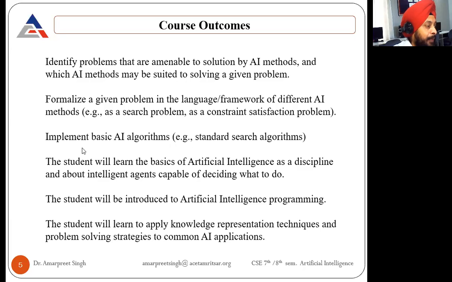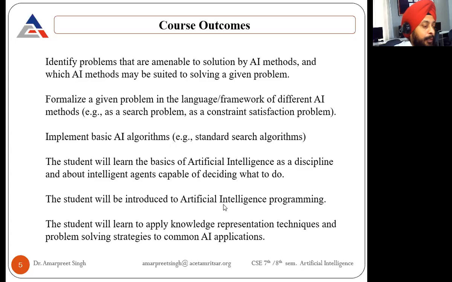You can implement basic AI algorithms, those known as standard search algorithms. The student will learn the basics of AI as a discipline and about intelligent agents capable of deciding what to do. The student will be introduced to AI programming also.